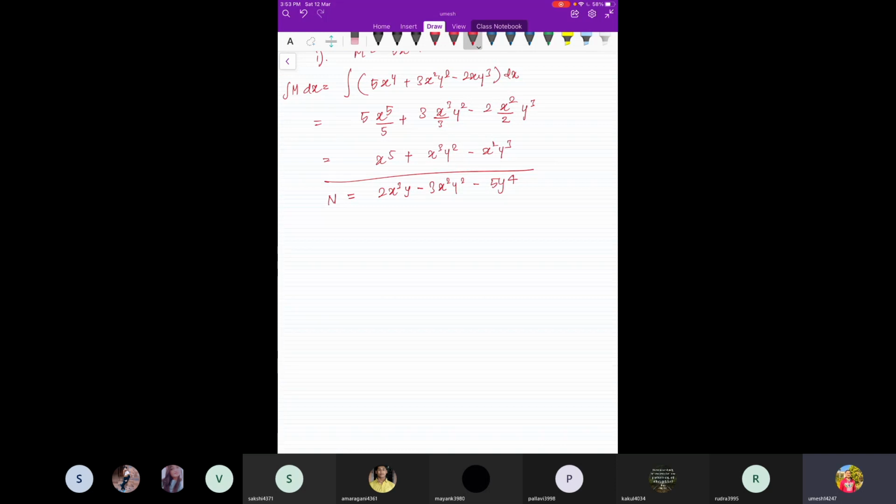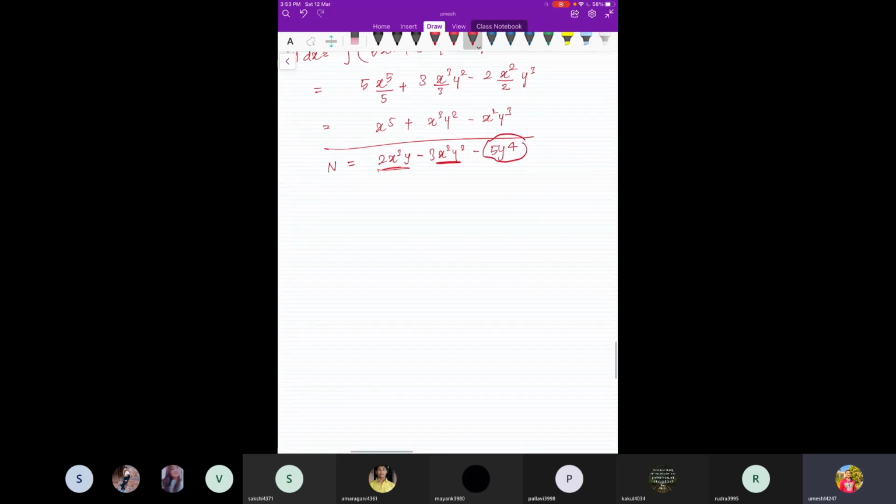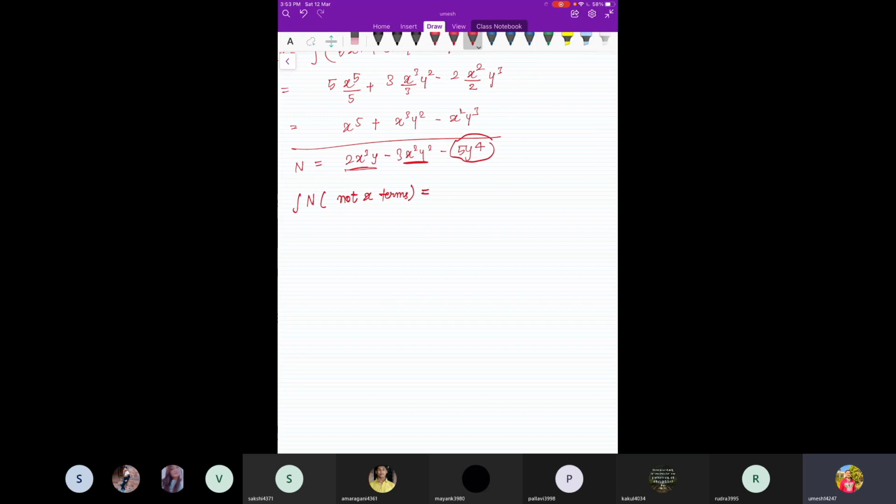We have to integrate only those terms of n with respect to y which do not have x. So here we have an x, right? Here we have an x, but here we do not have an x. So we only have to integrate this one, like integration of n, not x terms. That would be minus 5 times y to the power 5 upon 5, plus this only. So it's clear, the 5s will be cancelled, we'll be getting minus y to the power 5.